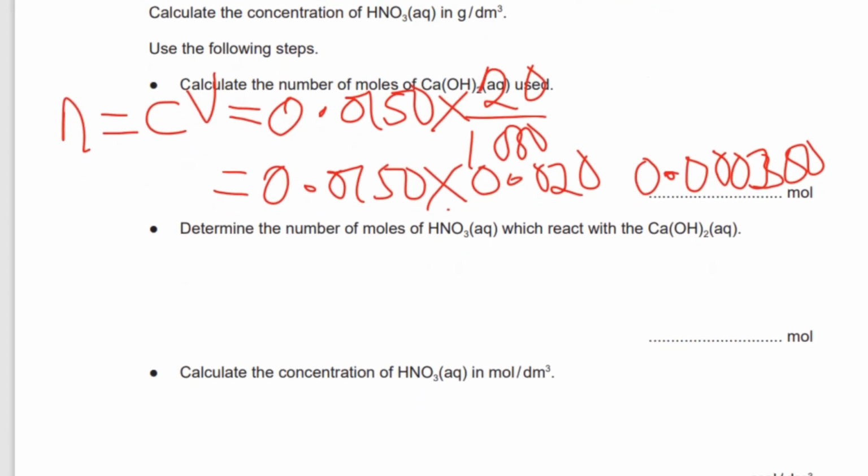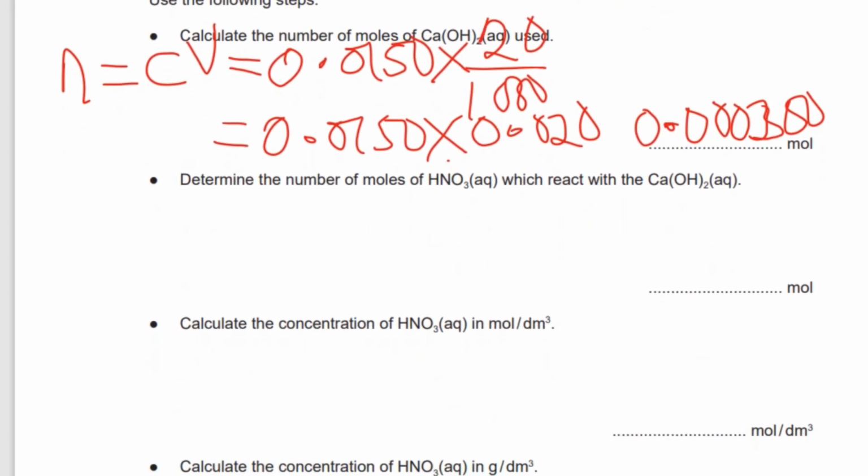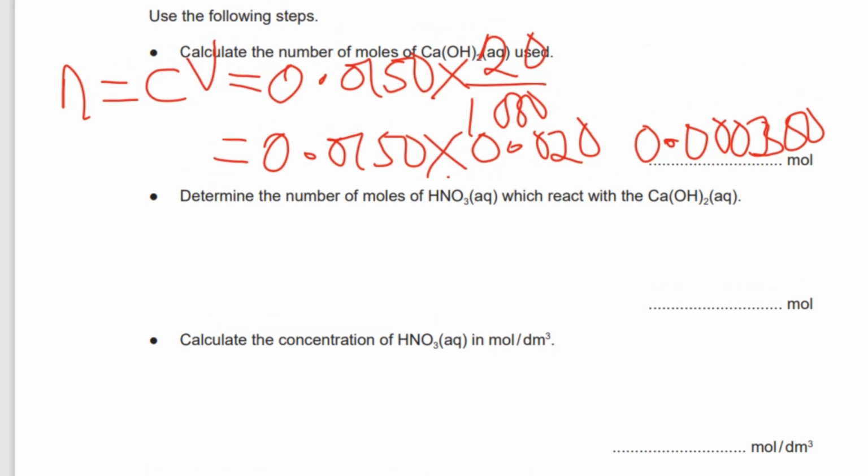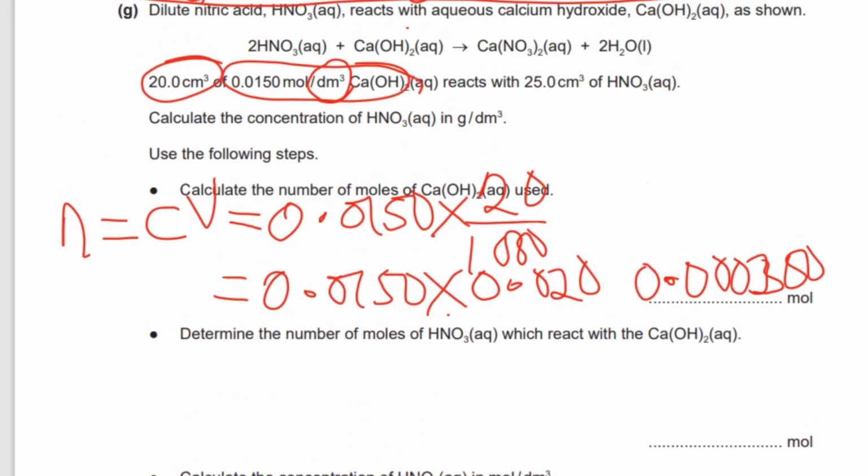All right, I hope it's straightforward. Now the next question: determine the number of moles of HNO3 which reacts with the calcium hydroxide. So what do we have here? No information is actually given for HNO3 for us to calculate the number of moles of HNO3.